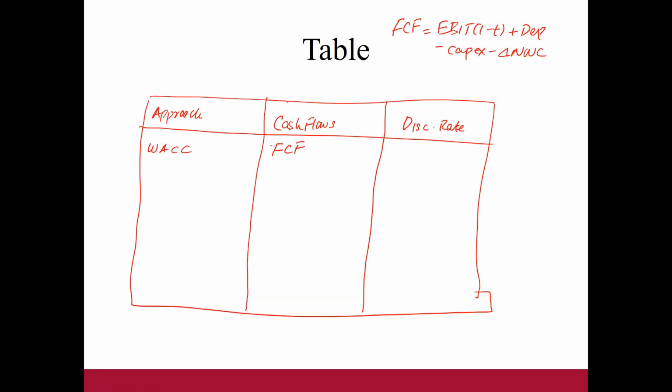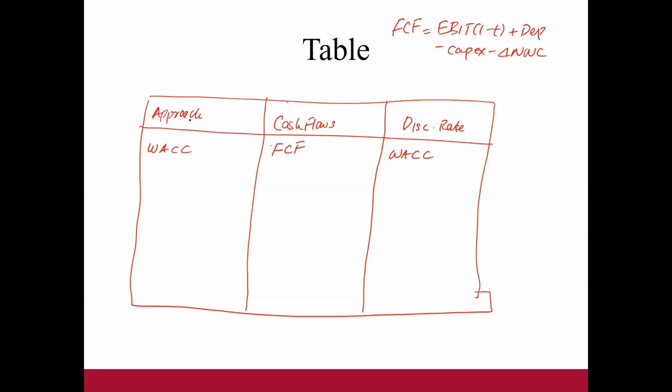Financial cash flows are also called unlevered cash flows because these cash flows are calculated as if the firm has no leverage. However, in order to account for the effect of leverage, the discount rate that we use is called the WAC. So WAC is our way of accounting for any effect of leverage.